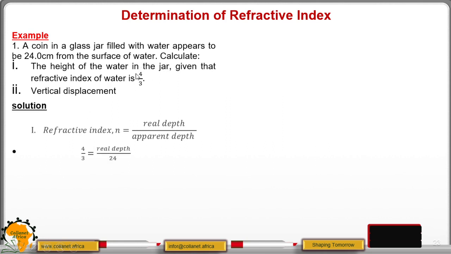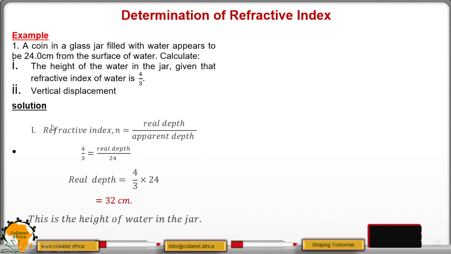We are given the refractive index as 4/3, and we want to get the real depth. So we write the real depth, but the apparent depth is given as 24. To get the real depth, we multiply through by 24. If you multiply by 3 here, you get 8 here. So 4 times 8, you get 32. This is the real depth, and this is the height of water in the jar.